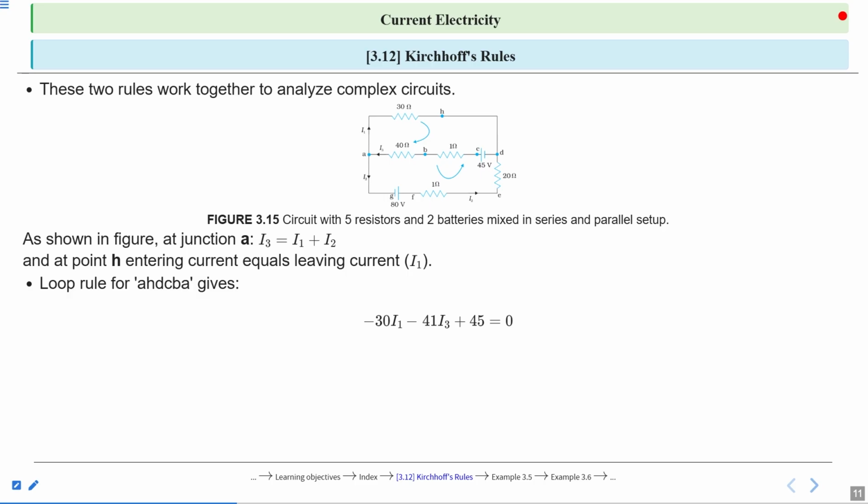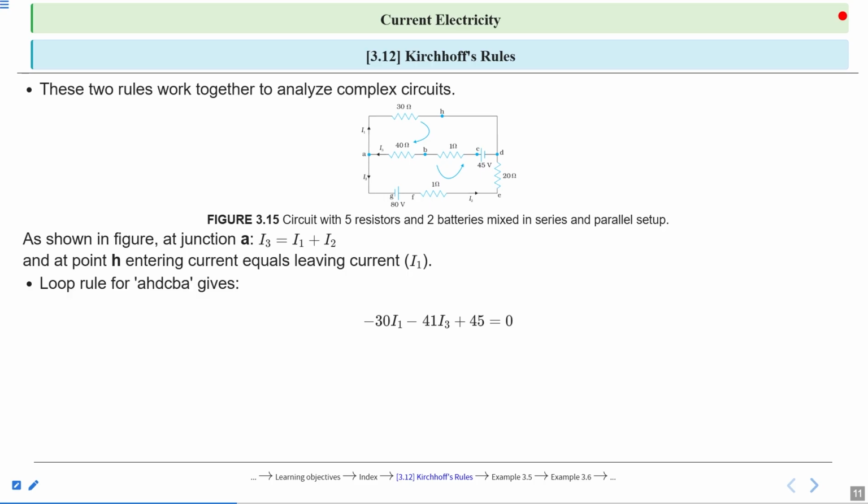Moving from D point to C point, now we are moving in the direction of current. And in the case of battery, you should see the terminals.